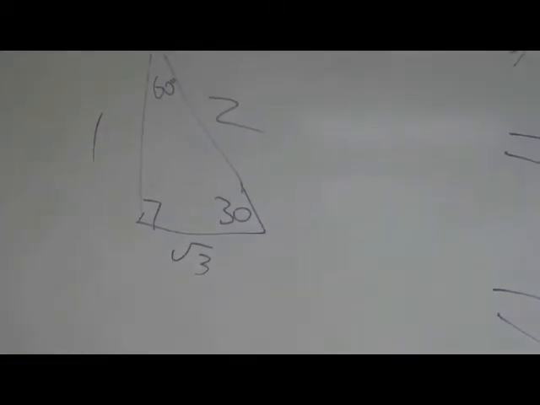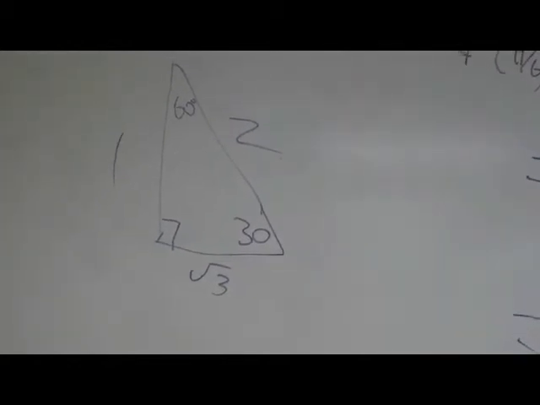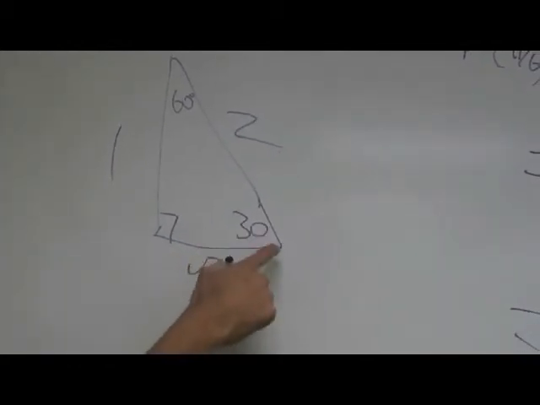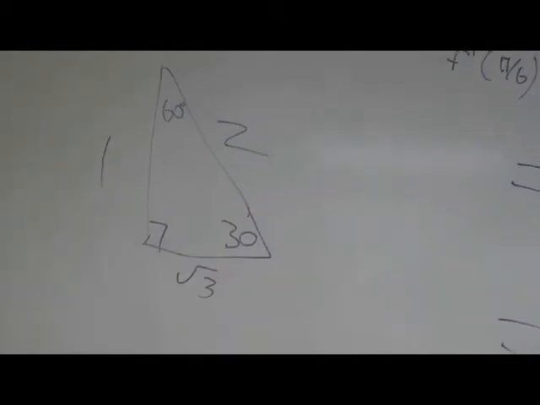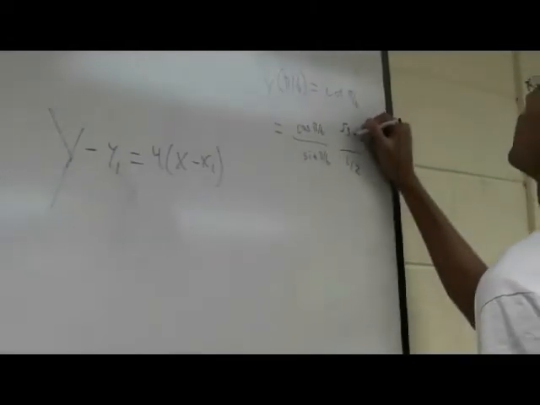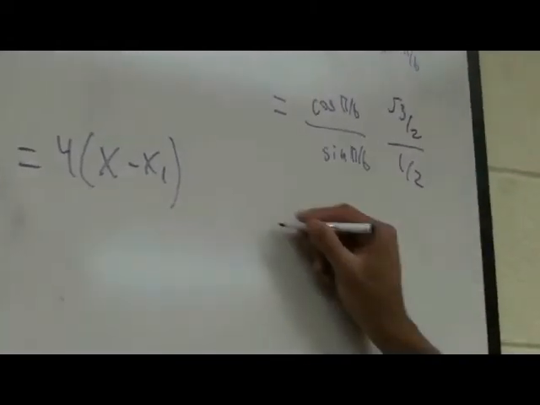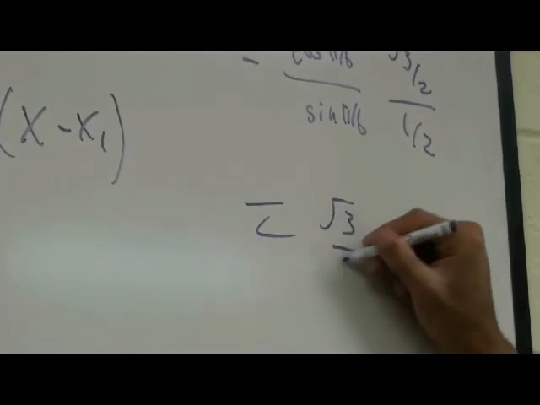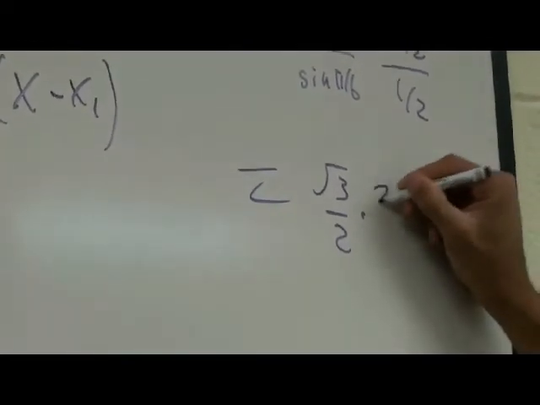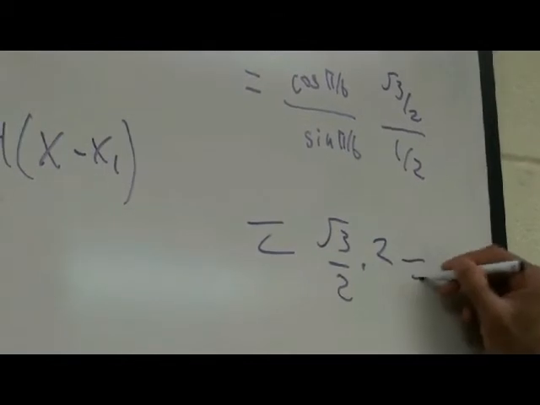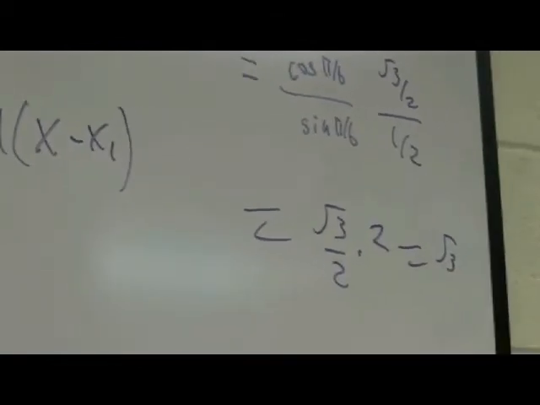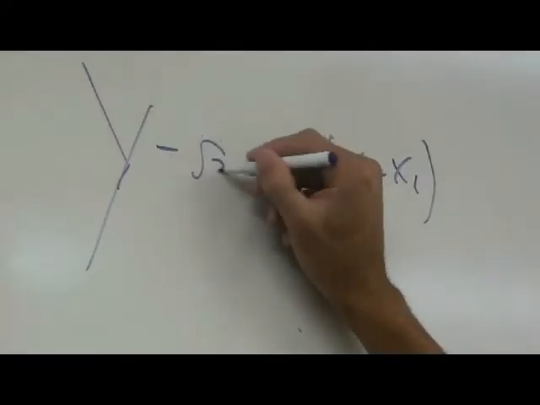We can really quickly find cosine of pi over 6. So cosine of 30 degrees is √3 over 2. Awesome. So √3 over 2, which is going to be equal to √3 over 2 times 2, which is just equal to √3.